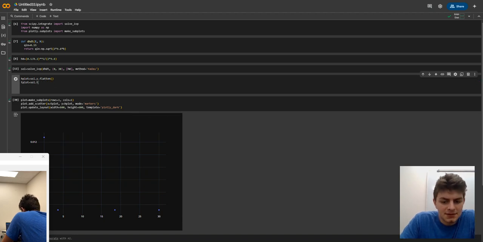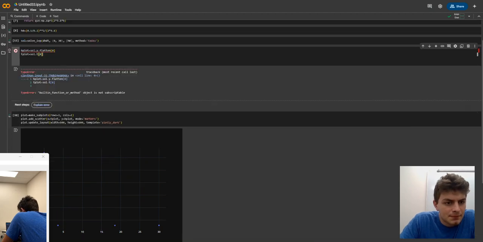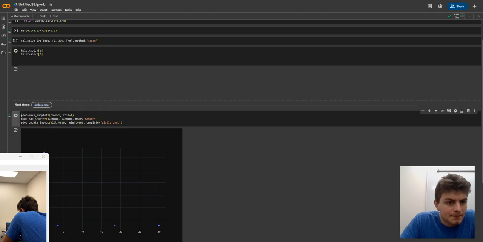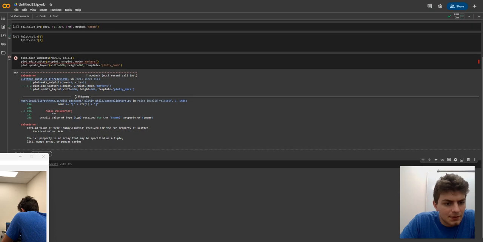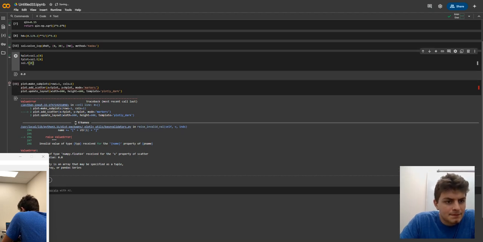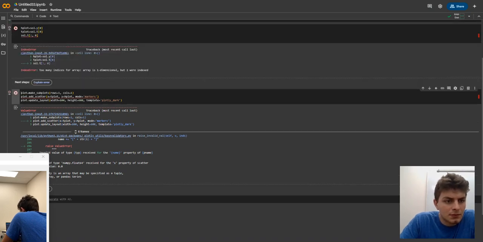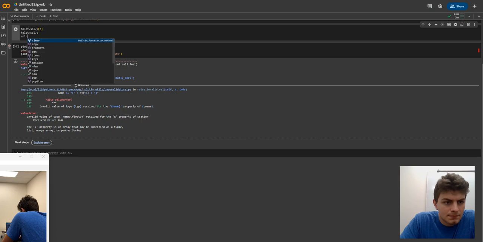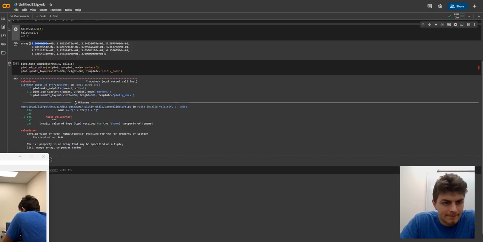I wonder if this dot flatten is doing something odd. What if I just call row 0 here? Oh, so that's simply one value there. Very, very close.